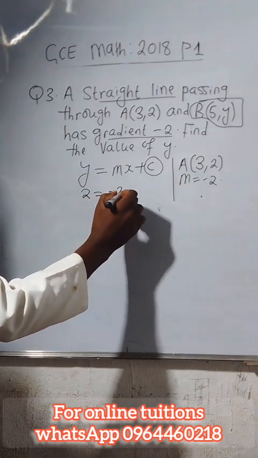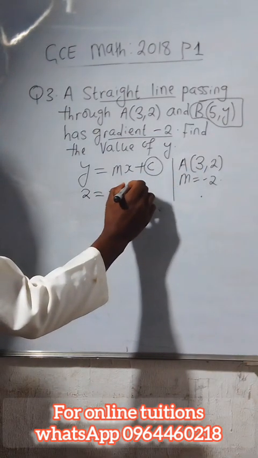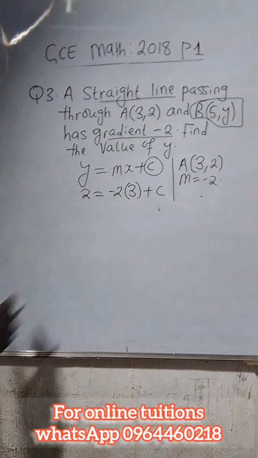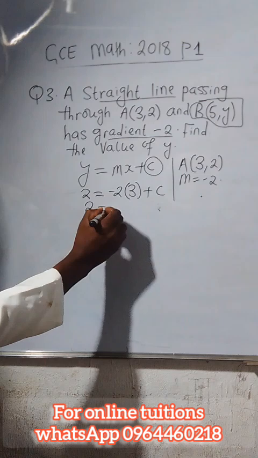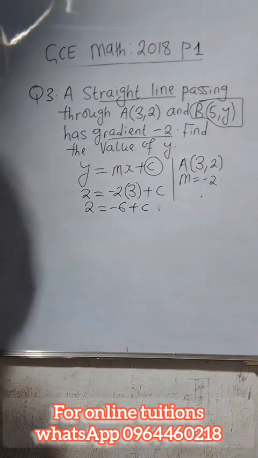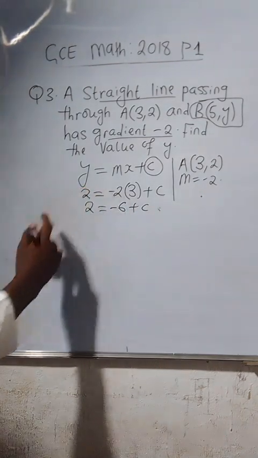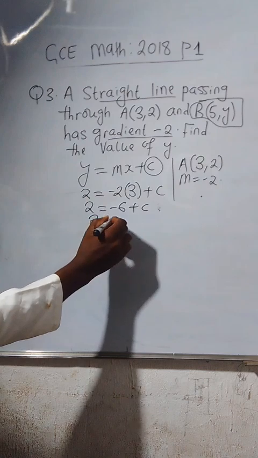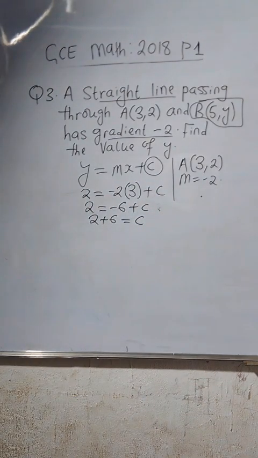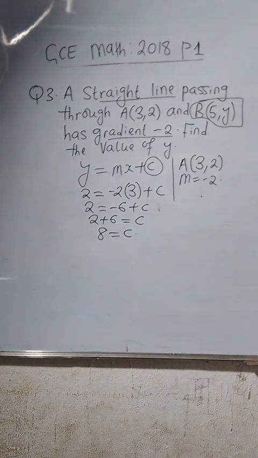So we say 2 = -2(3) + c, where x is 3 from the complete coordinate of A. Now we're looking for c. This times that gives -6, so 2 = -6 + c. Now we make c the subject by moving -6 to the left of the equation, and it becomes +6, and the other side remains c. So 8 = c, and that is the value of c.